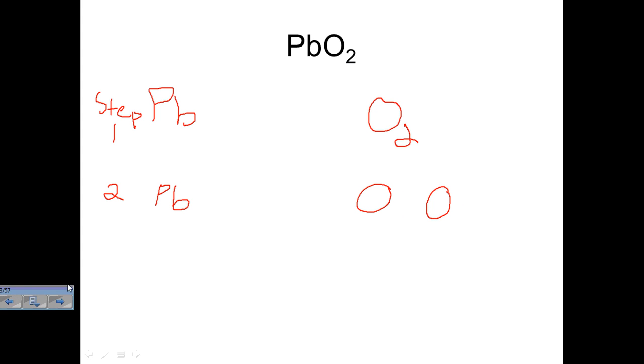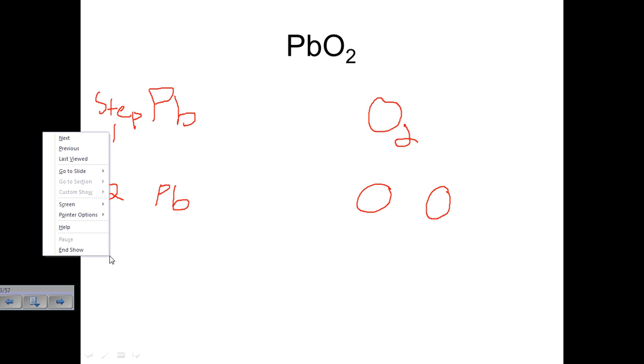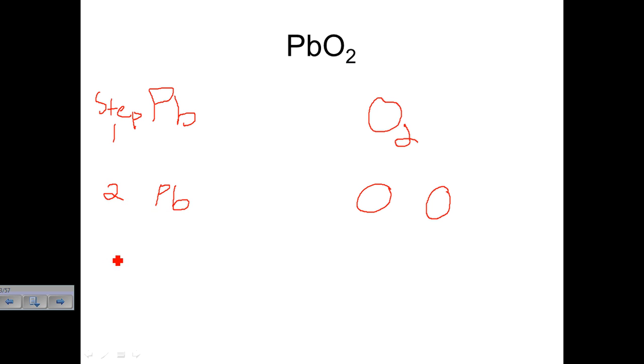Step 3 is count the charges. Well, Pb, I don't know. That's the whole point I'm trying to figure out here, because I don't know this charge, so I have to leave a question mark there right now. But oxygen, we do know that. Each one of these is -2.